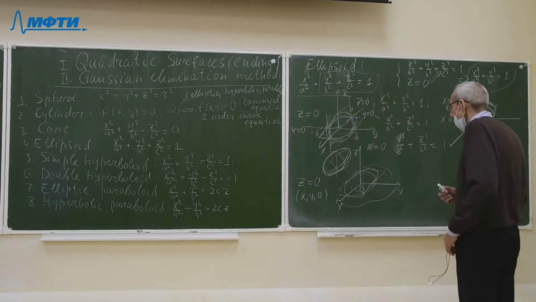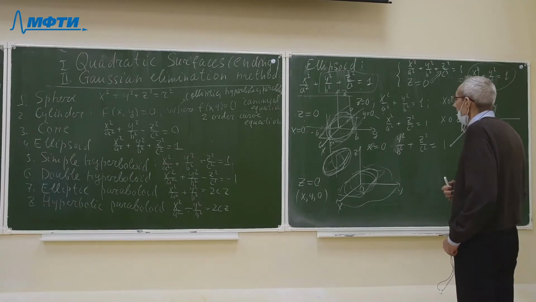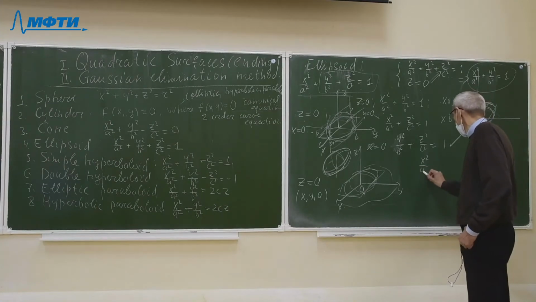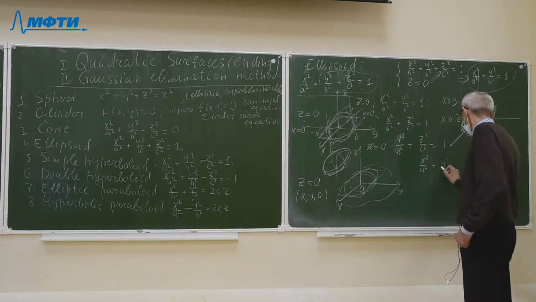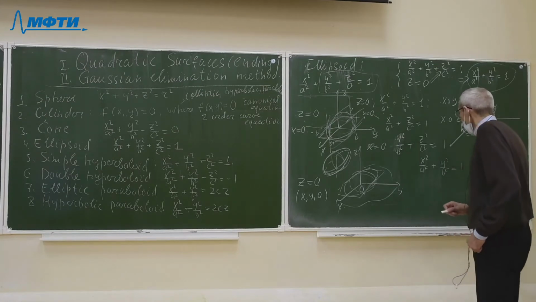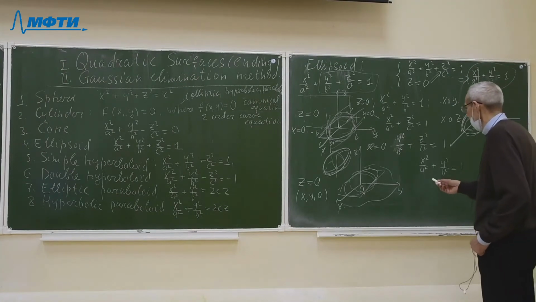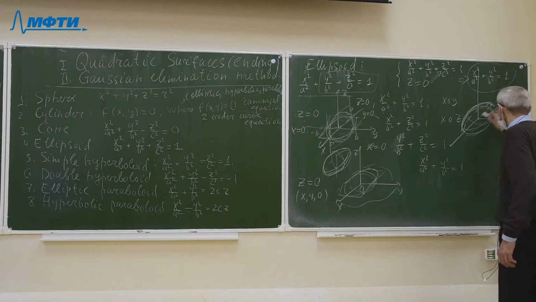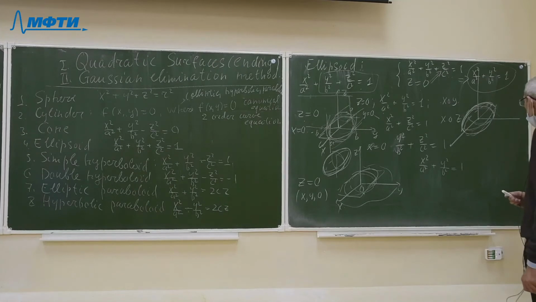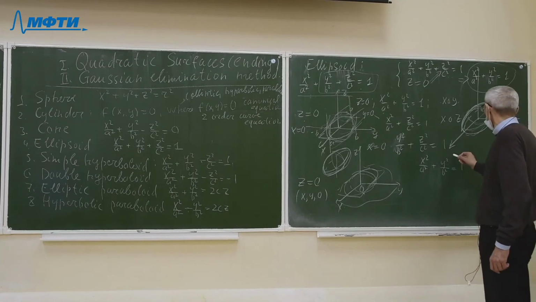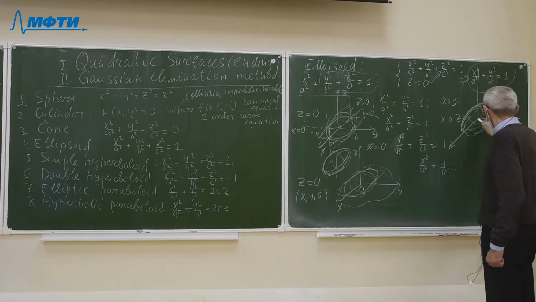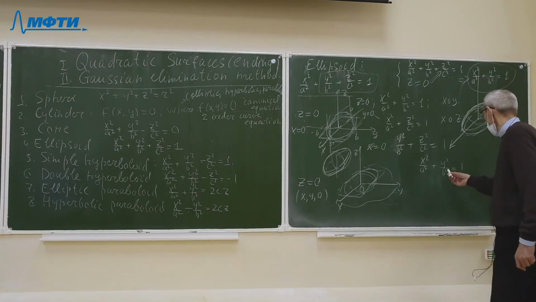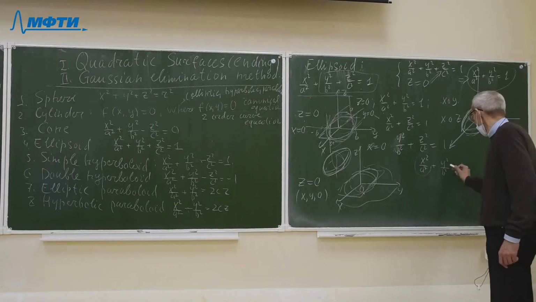The other way is the following. We have the equation of the ellipse, and this ellipse we can rotate so that OX is the axis of this rotation.